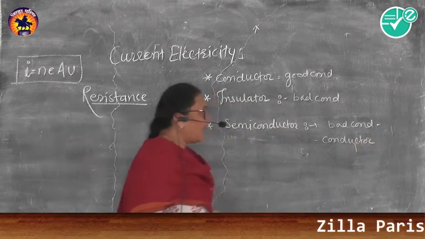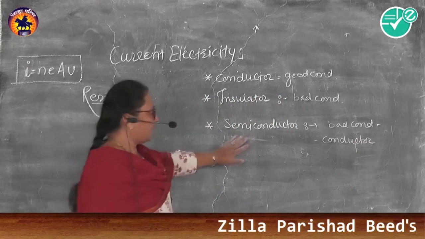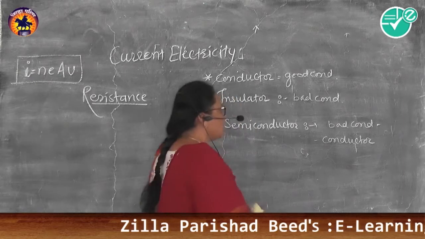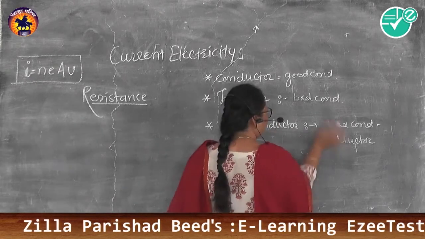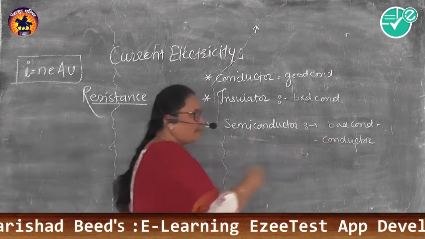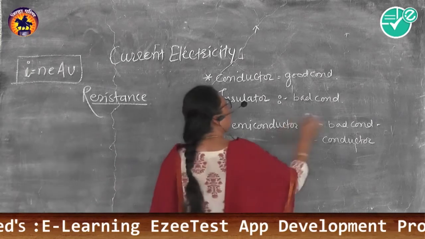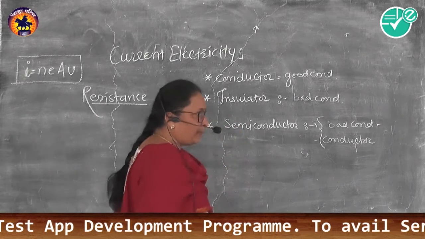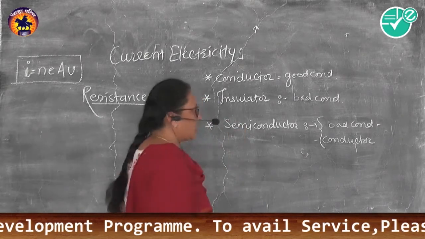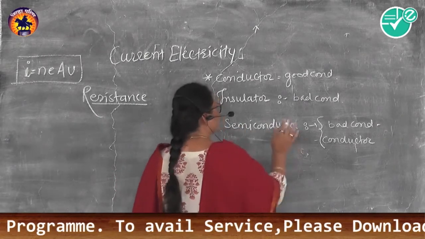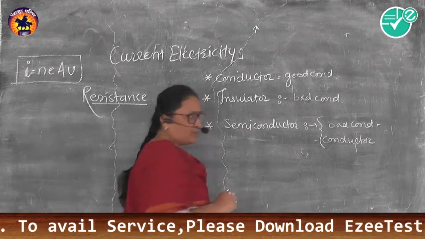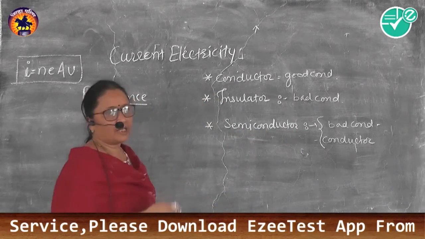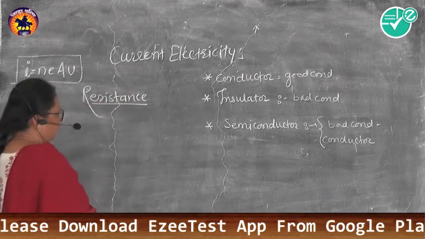Or by adding some impurity to that material, it behaves as a conductor. So it has both properties for particular situations. It is not totally a bad conductor or totally a good conductor, but in between them, so it is known as a semiconductor. Silicon and germanium are examples of semiconductors.